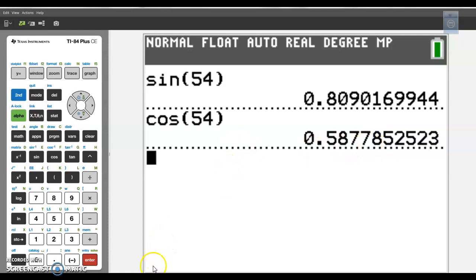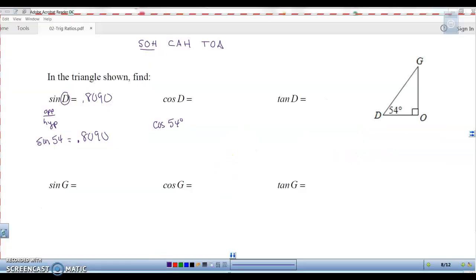Make sure your calculator's in degree mode. So if you did the ratio of the adjacent side over the hypotenuse at 54 degrees, it will be 0.5878.